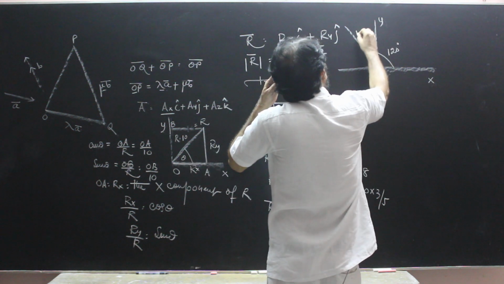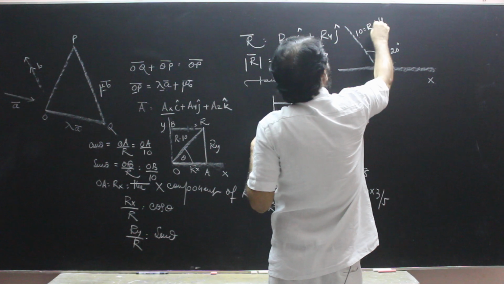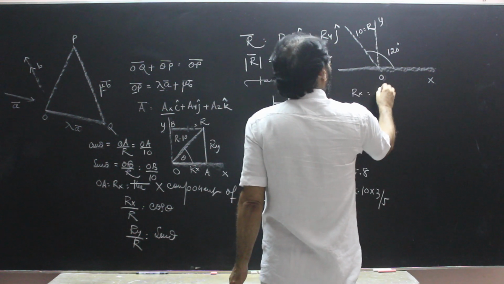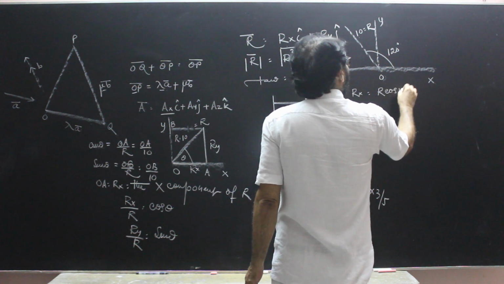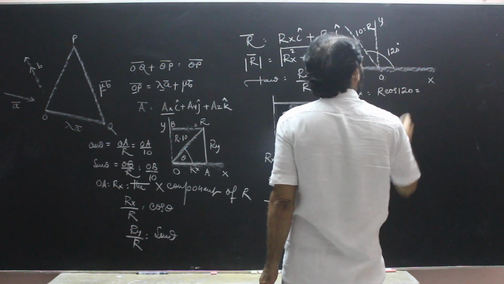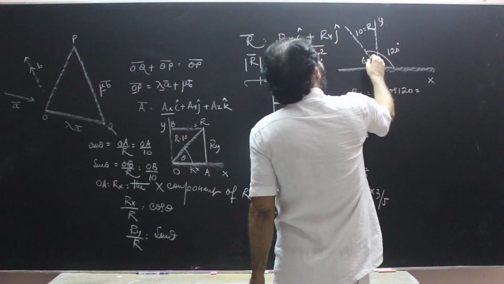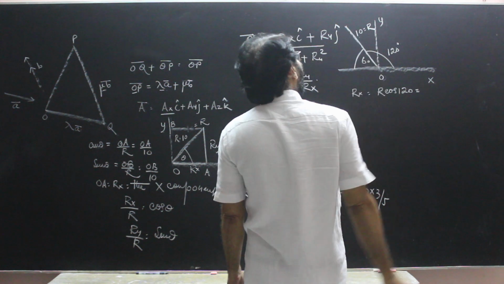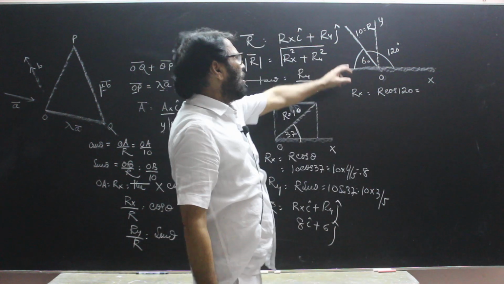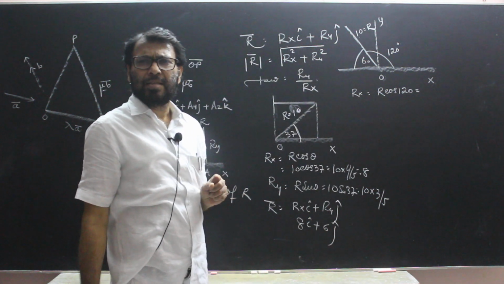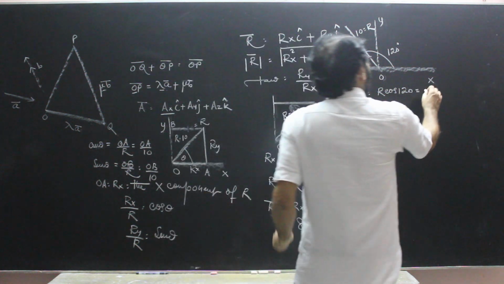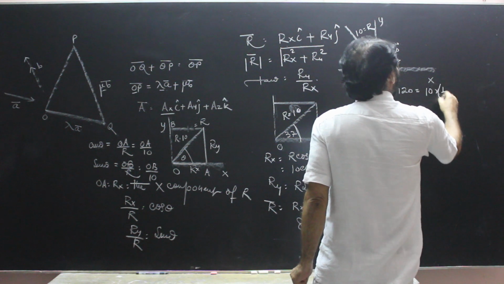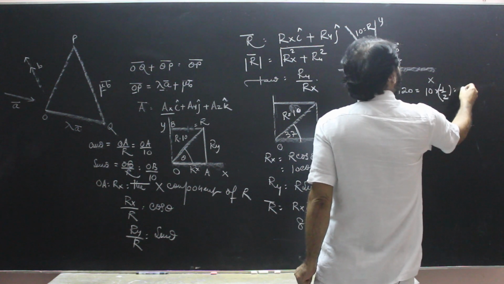Now of course R is 10 unit. Rx is R cos 120. This 120 is of course 60 degree in the second quadrant, and in the second quadrant cos theta is negative and sin theta is positive. So it is 10 and cos 60 is half with a minus sign, so it is minus 5.